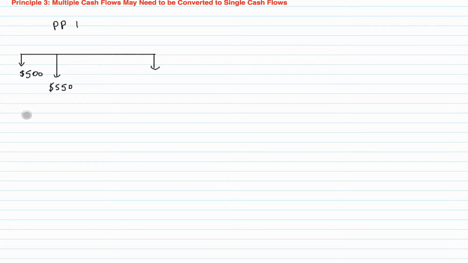And then you are asked to pay another payment plan. This is your alternative number 2.